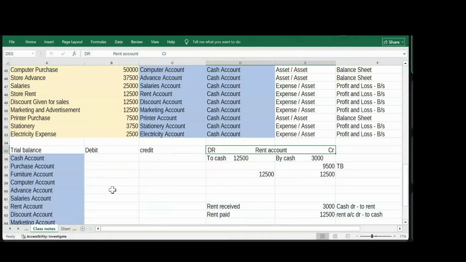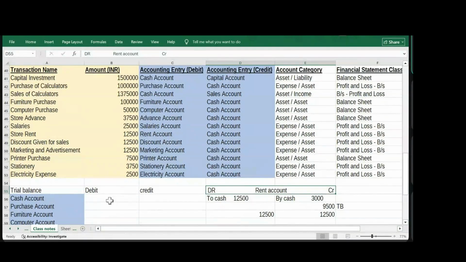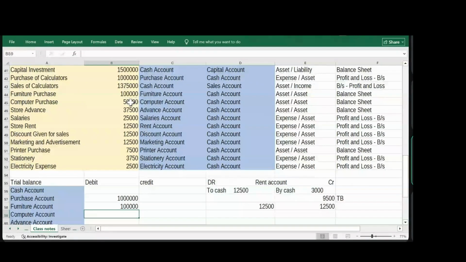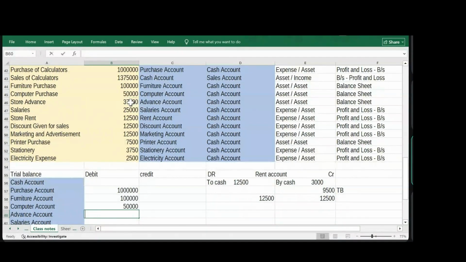For now, purchase account, what is the balance? 10 lakhs. And furniture account? 1 lakh. 50,000.